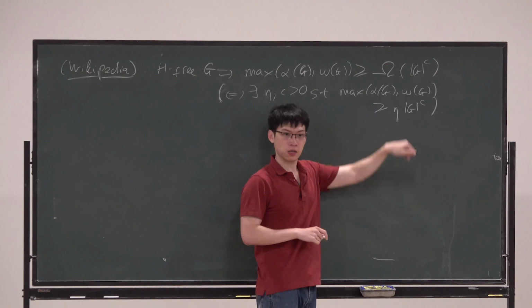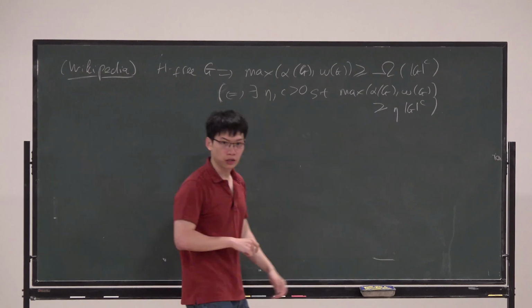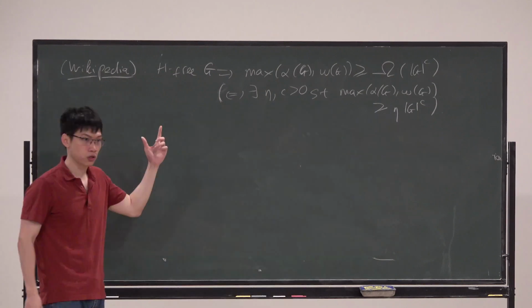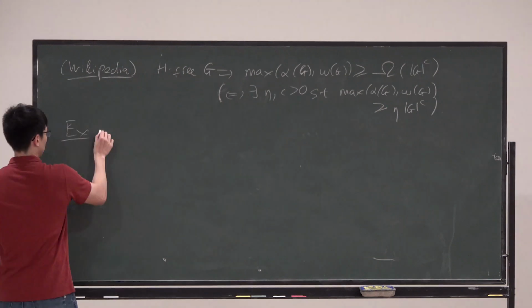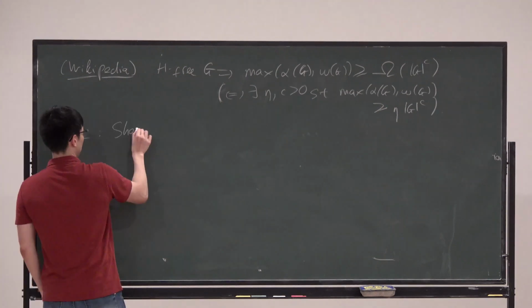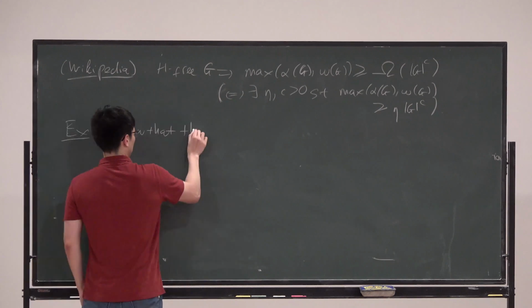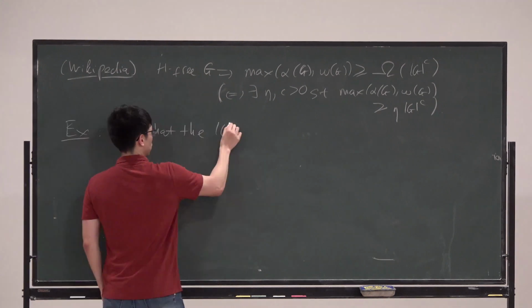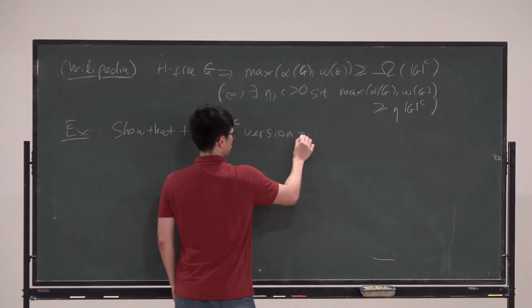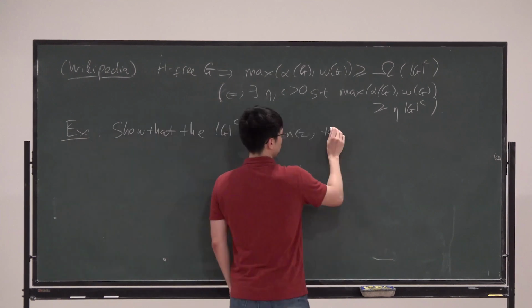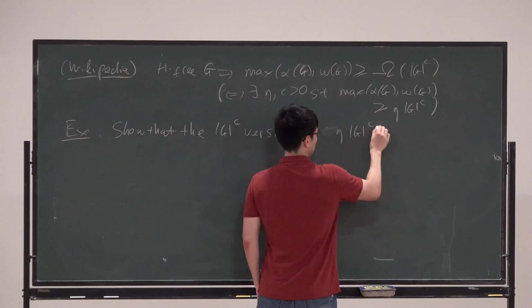Now the next exercise is to show that these two versions are actually equivalent. So that the |G|^c version is actually equivalent to the theta |G|^c version.